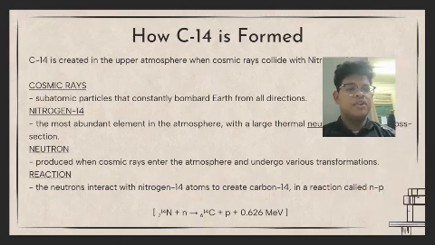Neutrons are produced when cosmic rays enter the atmosphere and undergo various transformations. The reaction occurs when the neutrons interact with nitrogen-14 atoms to create carbon-14 in a reaction called n,p.